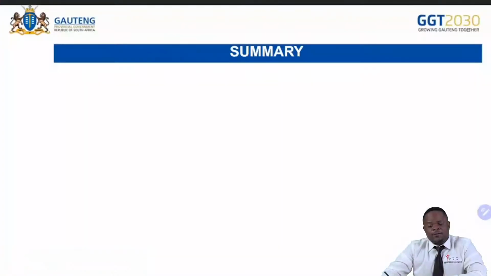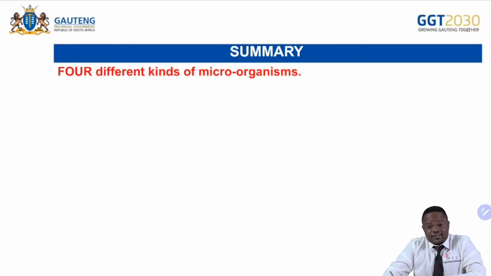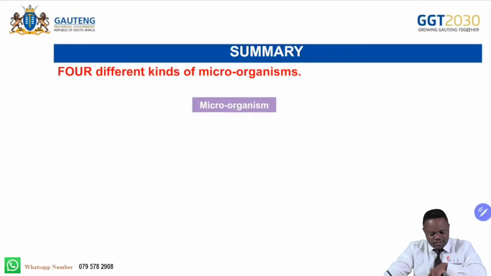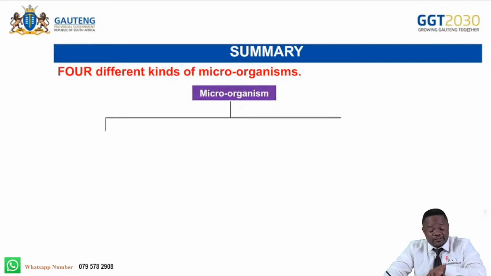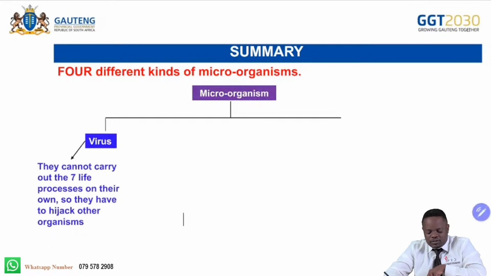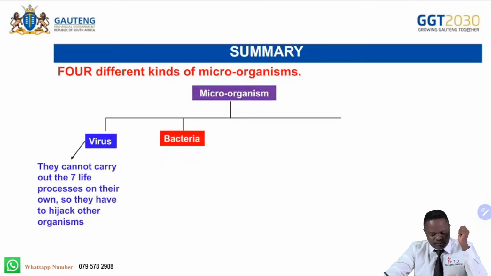So remember what we covered in our lesson today. We said there are 4 different kinds of microorganisms. Number one, we have our viruses, which are sometimes regarded as non-living because they do not carry out all of the life processes, save for reproduction.